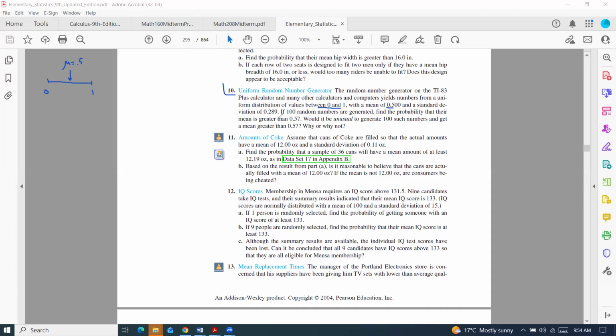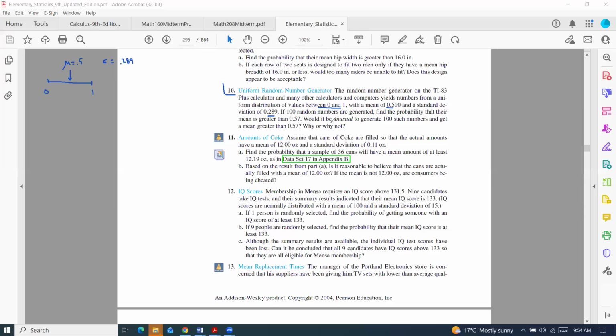Normal distribution and the mean and standard deviation are given to us in here. Of course, standard deviation is definitely not obvious. It's 0.289, but there are ways to actually calculate it. So mean and standard deviation they gave us. And an interesting story.